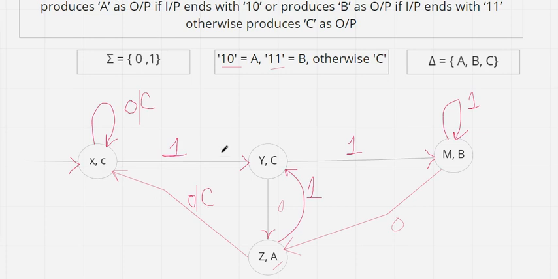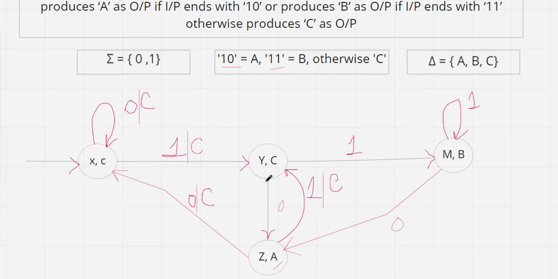Then moving to the next state, Y has two incoming transitions, okay. For both the incoming transitions, the output will be what? The output will be C only, okay. So this is clear, I think so. And then moving to this transition, this also has the output as C, okay.